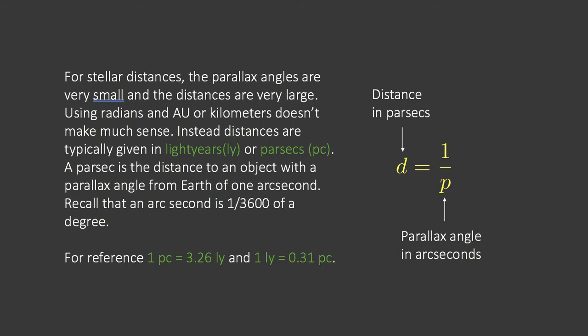It's similar to the light year, but it's actually even bigger than a light year. 1 parsec is about 3.26 light years. So as far as we've encountered so far, a parsec is the biggest unit of distance that we have.